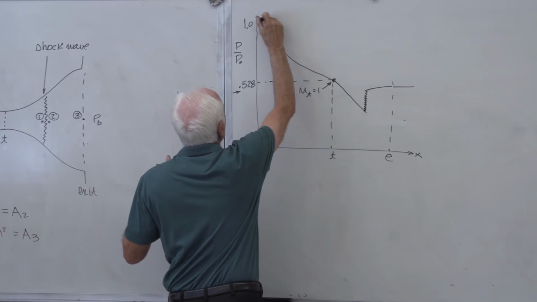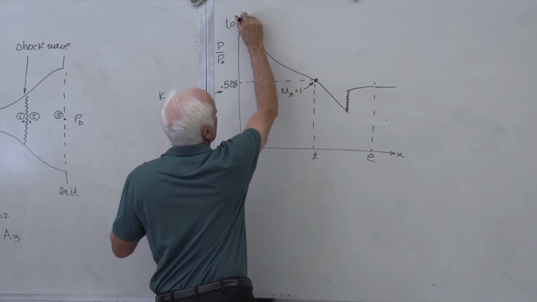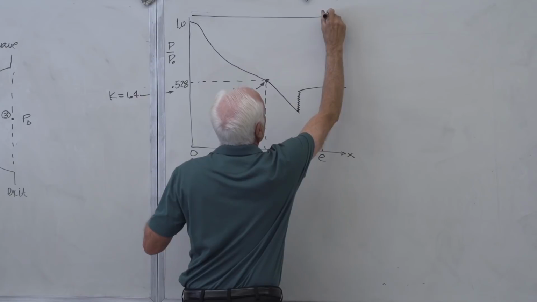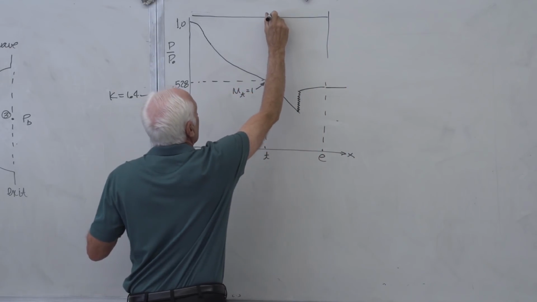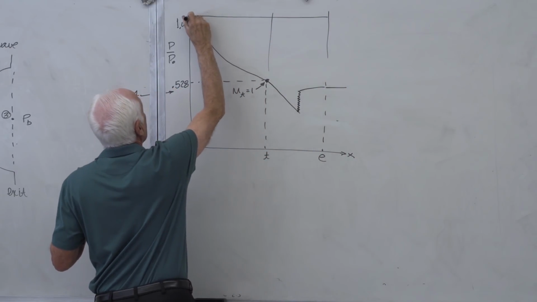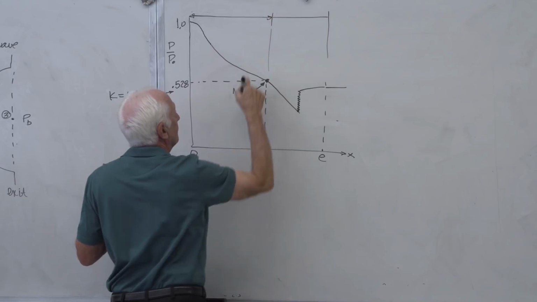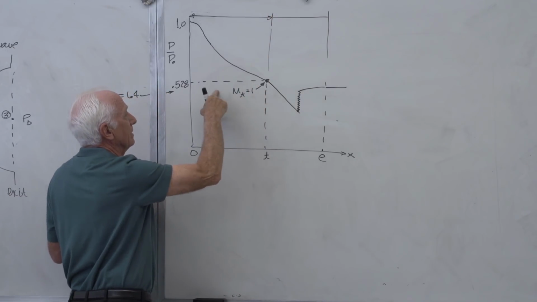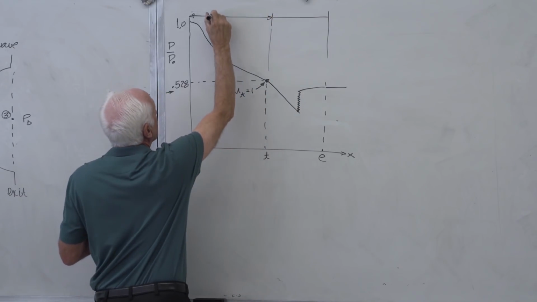Now we do our road map here. From here to here, the Mach number is 1 at the throat. Up here, the Mach number is less than 1, subsonic.